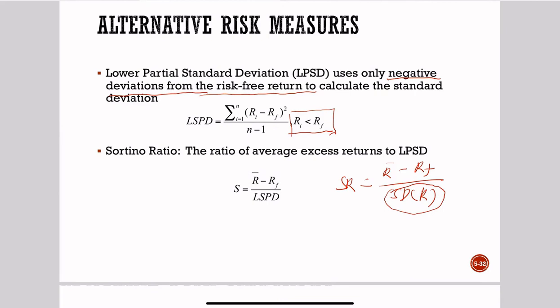And now we have defined lower partial standard deviation. So if we change this complete standard deviation measure into this partial standard deviation, so if we use lower partial standard deviation, it should be LPSD. Now we will have the Sortino ratio.